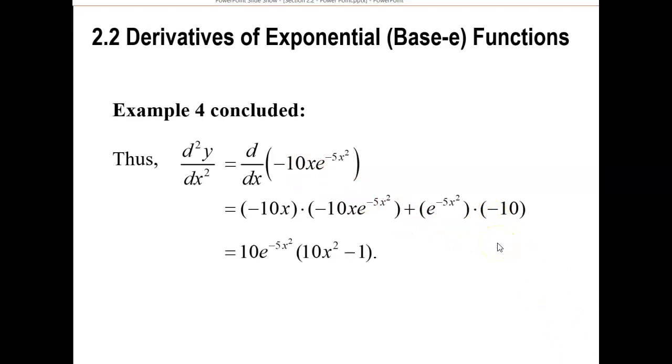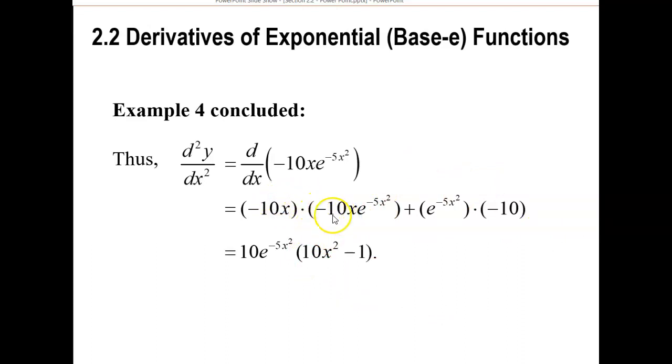So here you could factor out a 10 e to the negative 5x squared, both terms, here's your plus sign, both terms have an e to the negative 5x squared, and they both have at least one copy of 10. So we took out 10 times this power of e, and that is going to leave this.